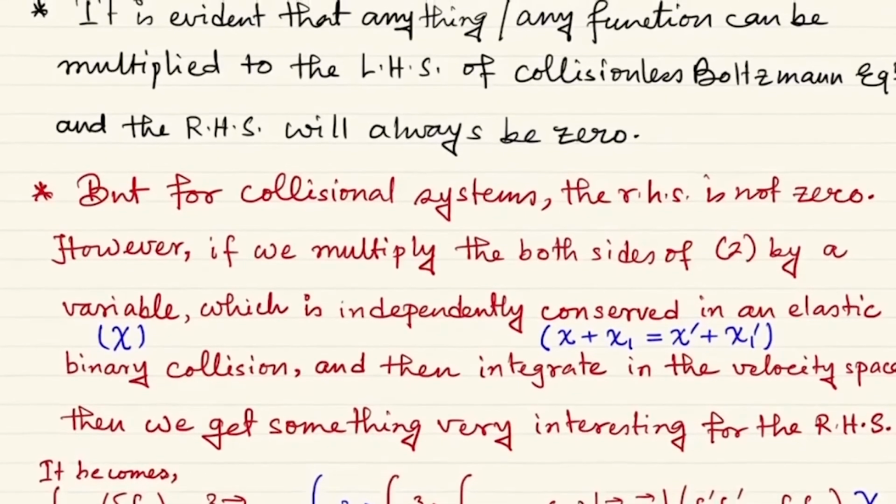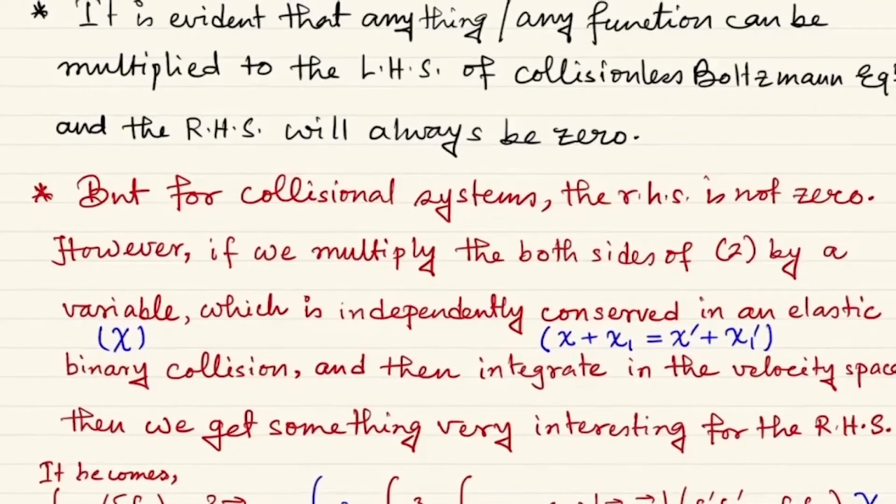Even for elastic binary collisions, integrating the total collision integral is not trivial. So the challenge is: at least for binary elastic collisions, can we do something to get rid of the collision integral?